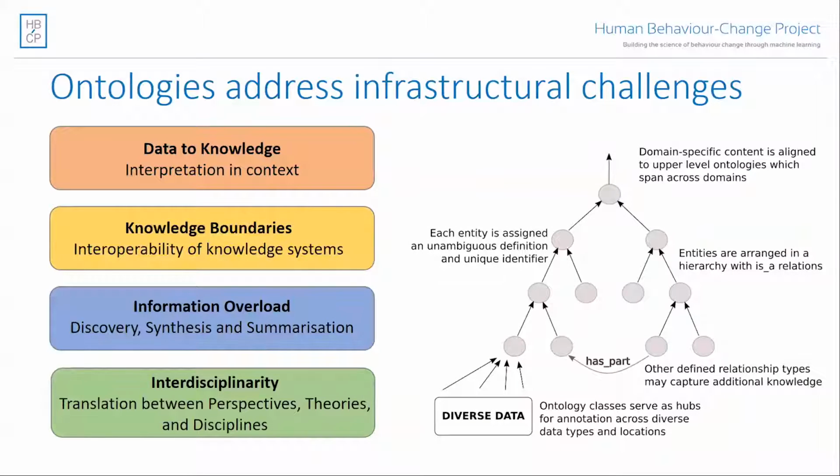They serve as indexes and help with searching, they help with integration, they help with translation from one perspective to another. And in our case, we wanted to use an ontology for representing behavior change interventions to also support and inform a prediction model.